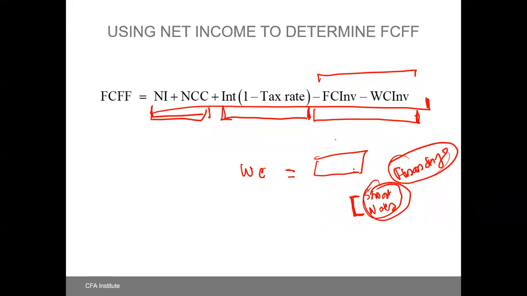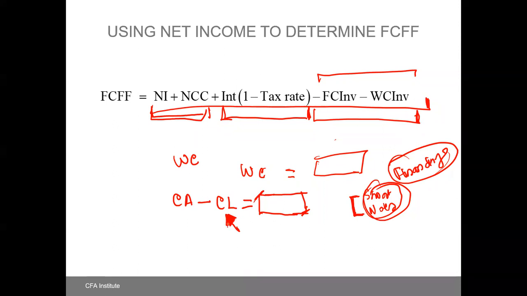In the working capital investment, I have to subtract current liabilities from current assets. Now, if I include something which is a financing component in the current liabilities, I'm not getting the actual amount of how much I should invest.